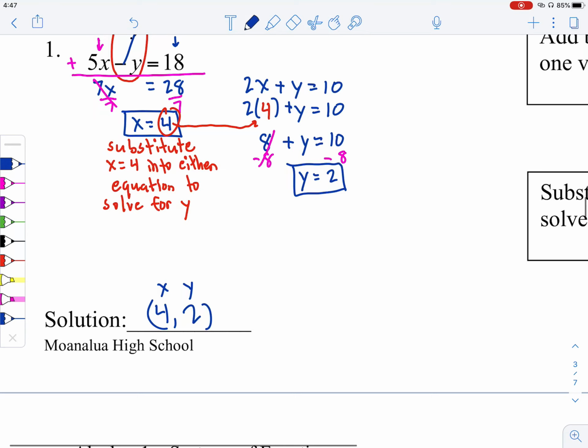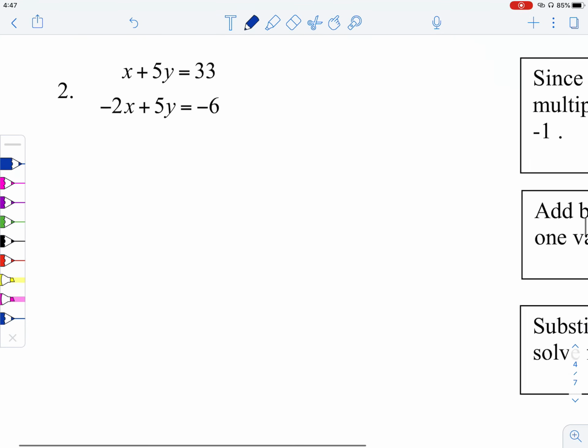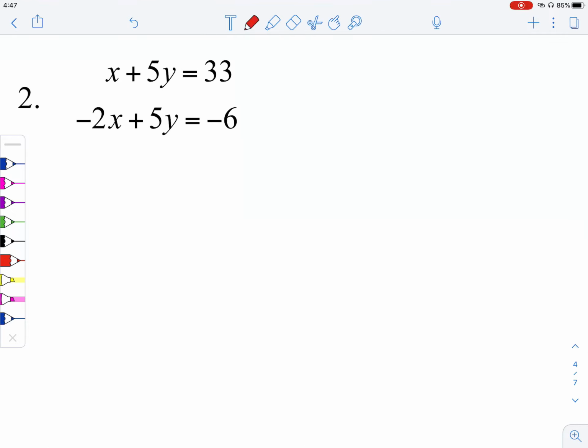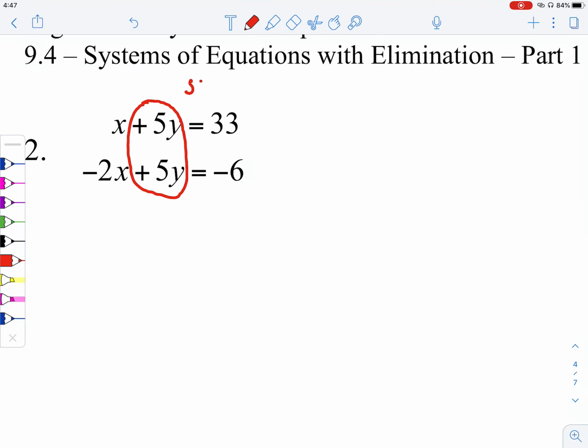Okay, let's look at the next one. So number 2, if you look at it, right? So if you look closely, you can see that the y's here are the same, like 5, but they're both positive, right? So this is same sign.